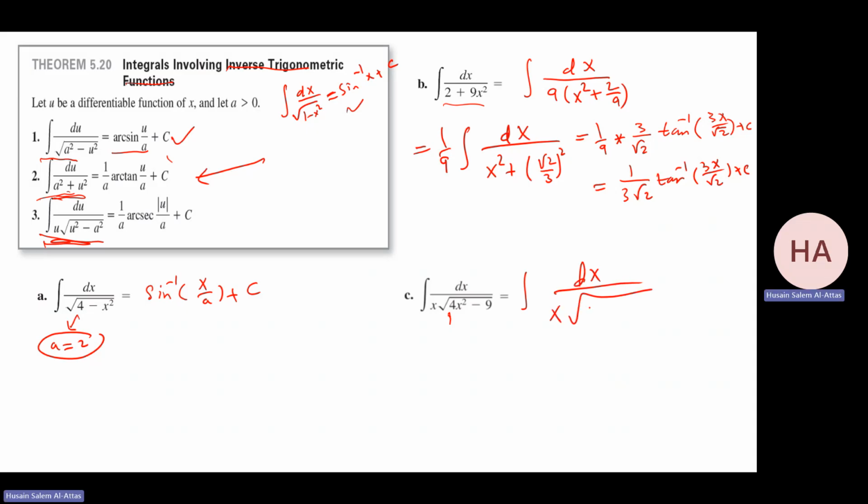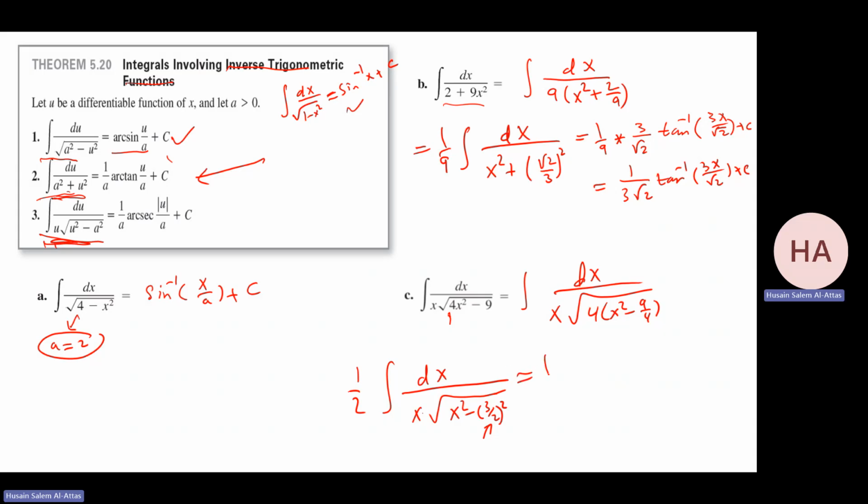I take 4 as a common factor, so I have x squared minus 9 over 4. That 4 will go outside as 2, so 1 over 2 outside. x times the square root of x squared minus 3 over 2 squared. So this is my a. So it will be in this format.